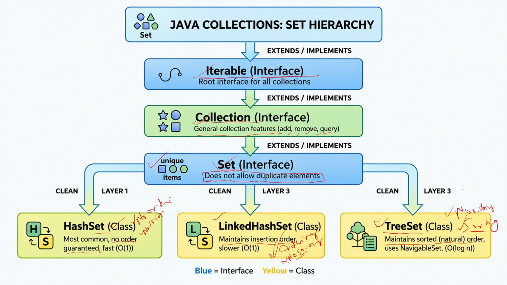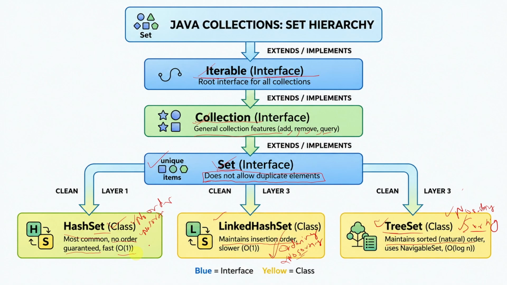And apart from these 2 points, HashSet uses a hashing algorithm. We will see these implementation classes separately. And we have learned time complexity O of 1. Time complexity means how much time it will take as the size of this object grows. That is measured by time complexity.